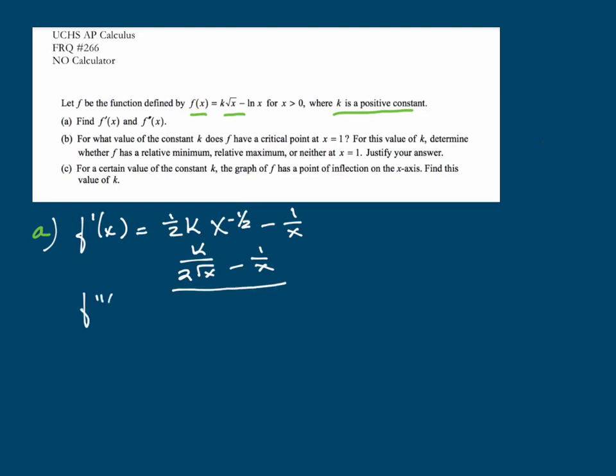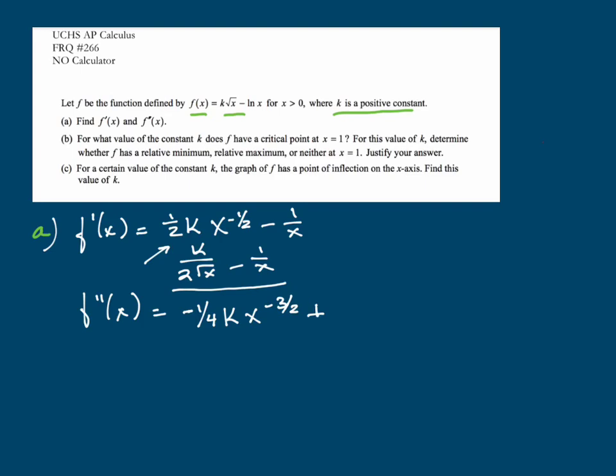F double prime of x would be the derivative of this. So that would be a negative 1/2 times a 1/2, which is negative 1/4 k x to the negative 3/2. And then the derivative of 1 over x, that's x to the negative 1, would be negative 1x to the negative 2.